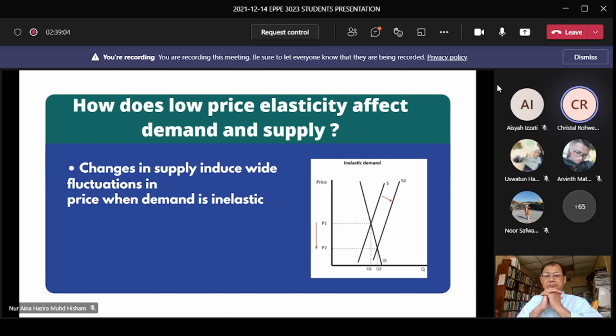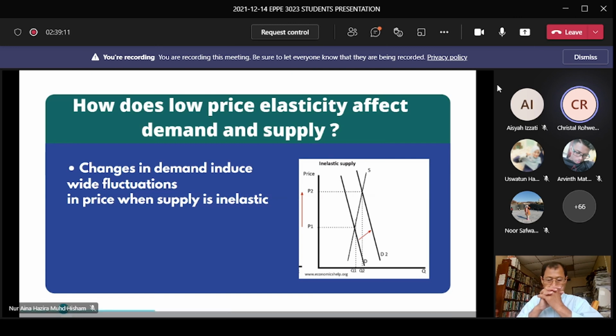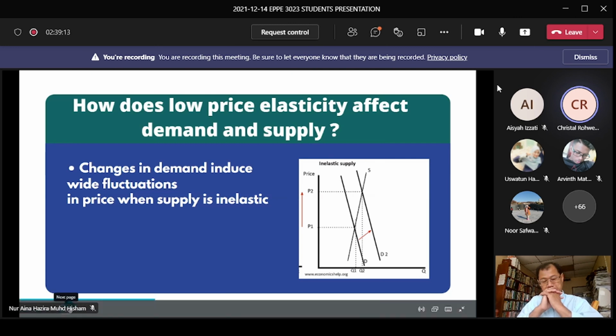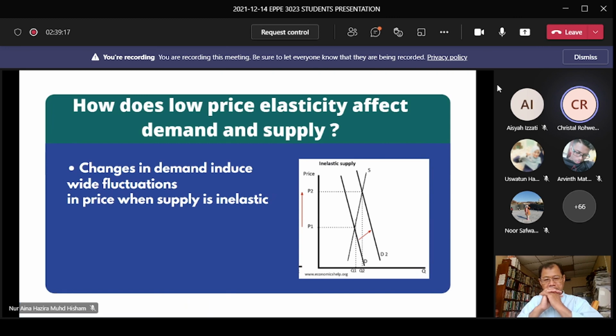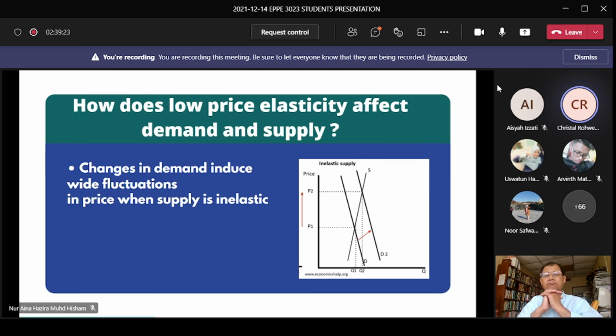Next slide, please. So here we see the opposite, where changes in demand induce wide fluctuations in price when supply is inelastic. And here we see the price goes up and then the demand also increases, it shifts.